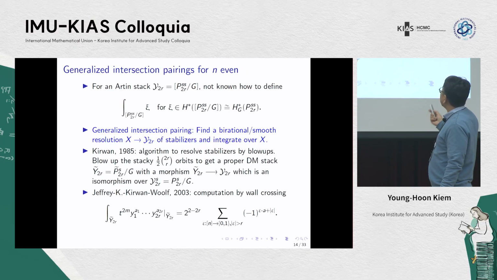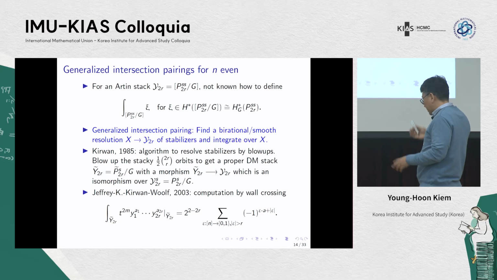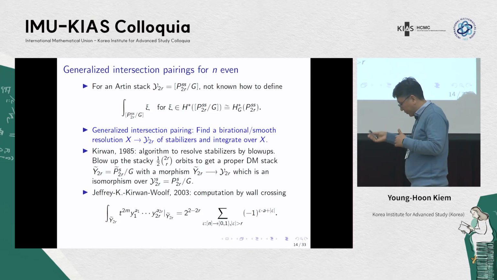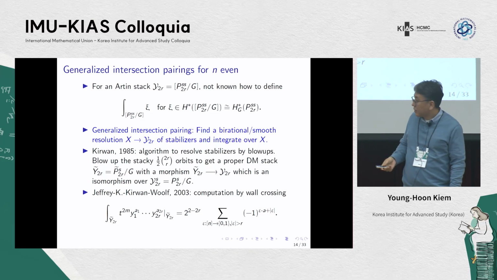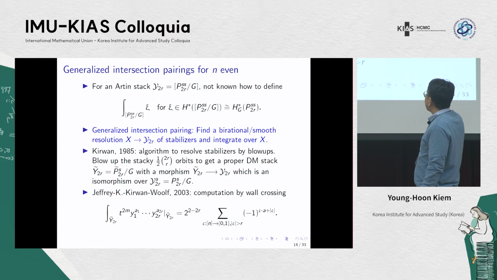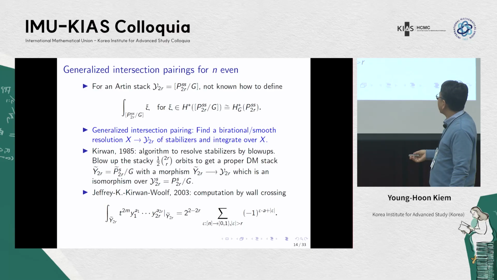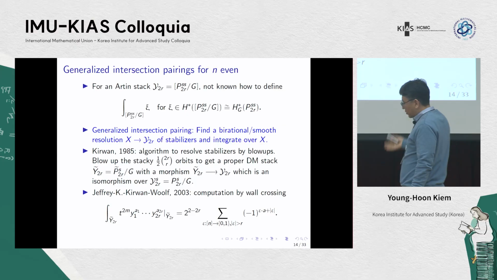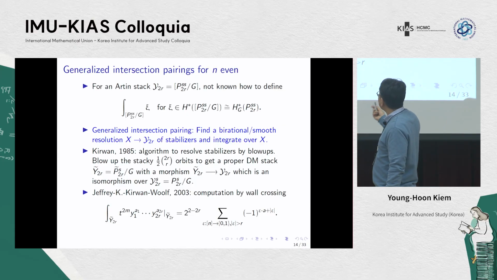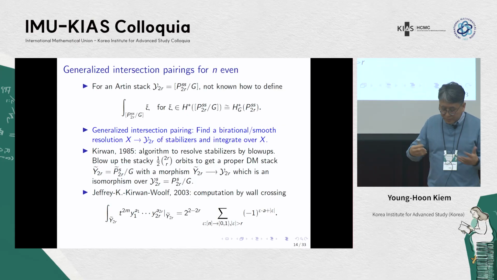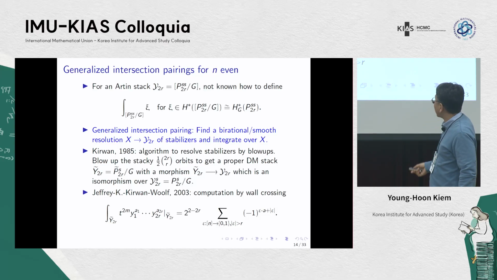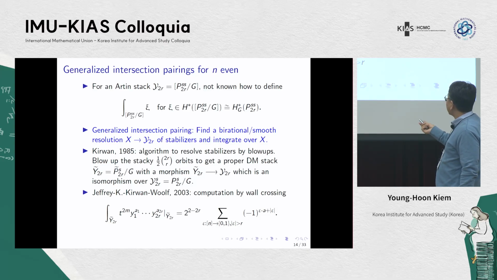So when n is even, as I said, intersection theory does not work very nicely. So you have to think about something called generalized intersection pairing. And there are many ways to think about generalized intersection pairings. One way is to use the canonical way of desingularizing the singular points invented by Kirwan.